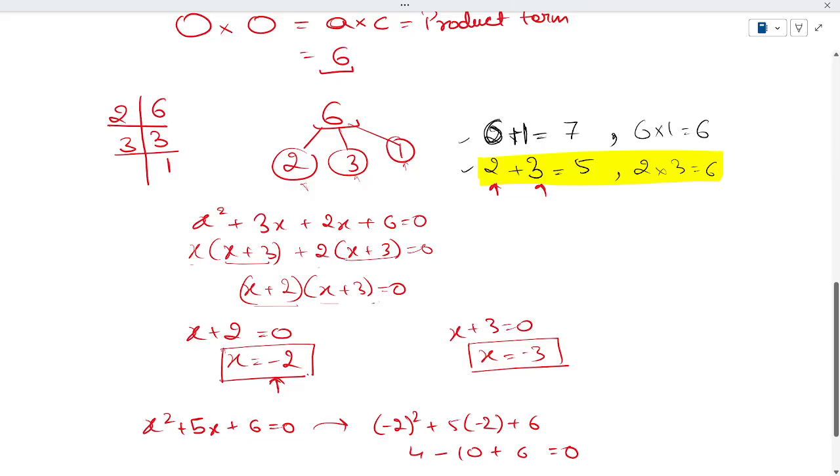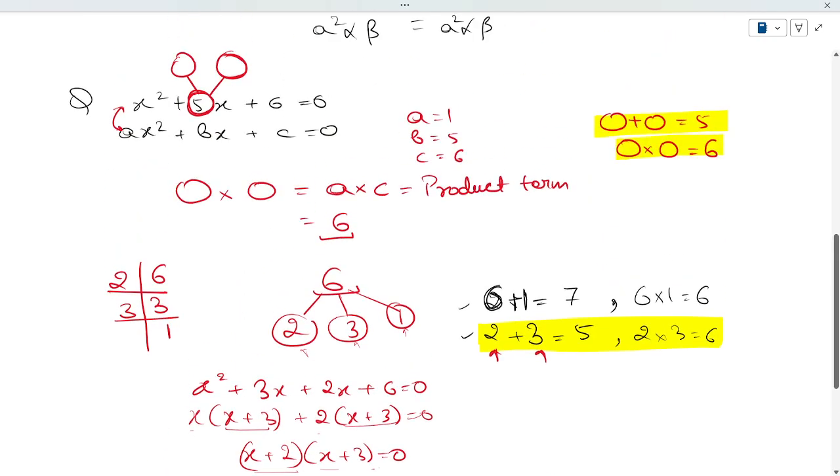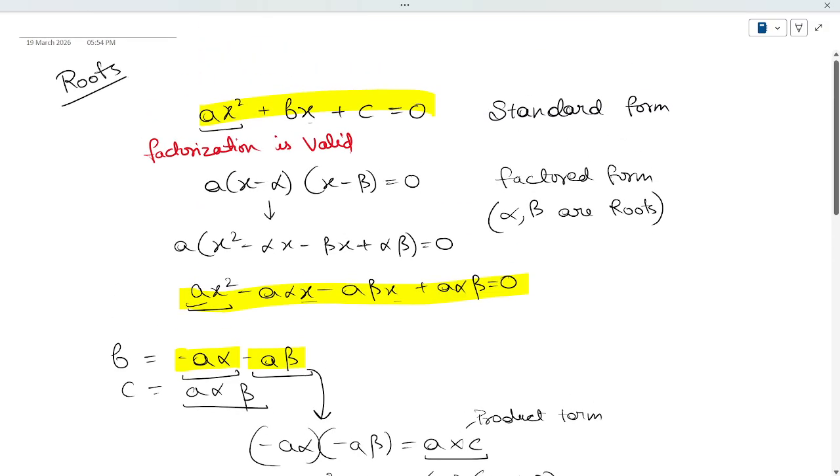So what can we say, what are roots? Roots are the values of the variable that make the equation 0. So can you tell me the definition of roots now? Values of variables that make the equation 0.